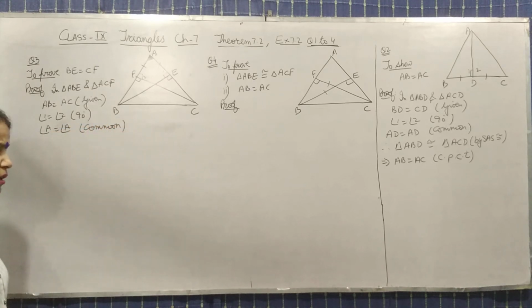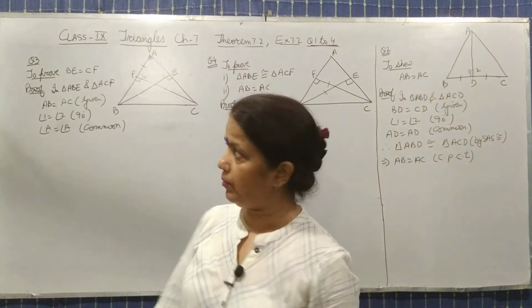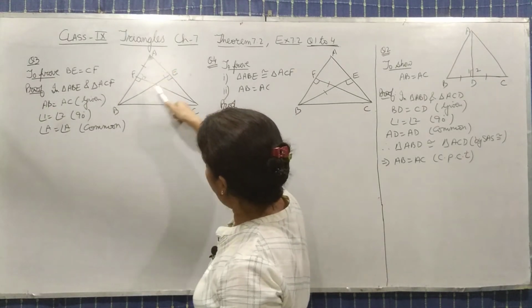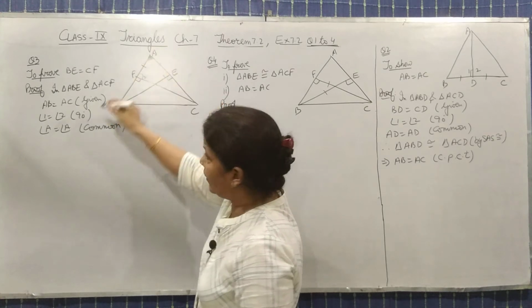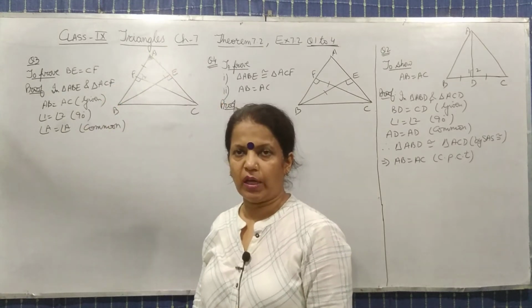So can you tell me which congruency is applicable? देखो in triangle ABE, एक ही triangle में देख लेते हैं, two angles and the non-included side.